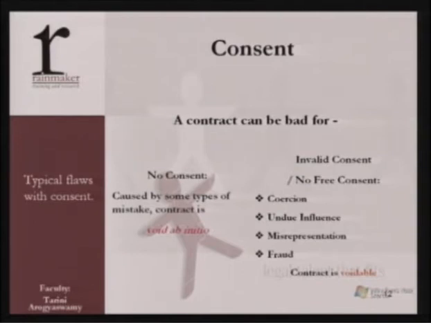Free consent would mean that a party has consented without any force or pressure, mental or physical. They've agreed to the terms of their own free will. Invalid or no free consent situations happen in the case of coercion, undue influence, misrepresentation, fraud. We'll take a look at all of these individually now.